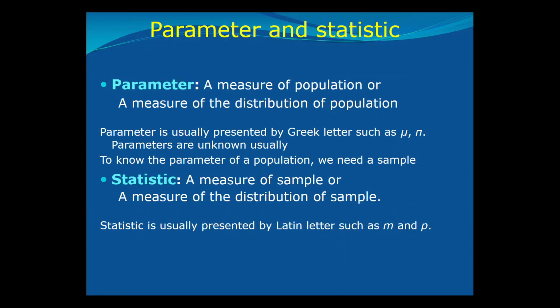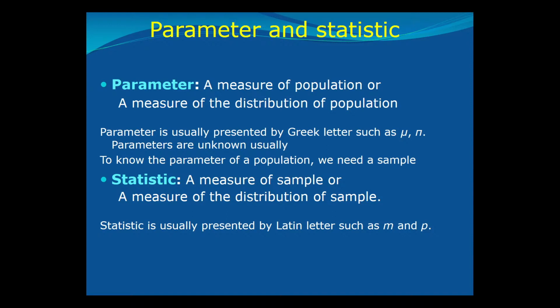Two more important elements in statistics. Parameter. A parameter is a measure of population or a measure of the distribution of population. Parameters are usually presented by Greek letters such as mu, p, and so on. Parameters are usually unknown. To know the parameter of a population, we need a sample. Statistics.